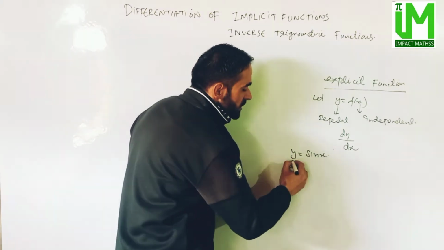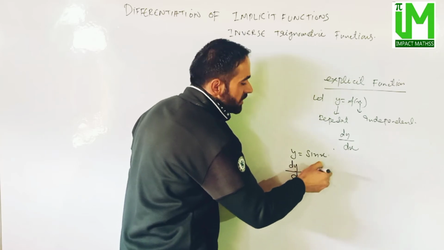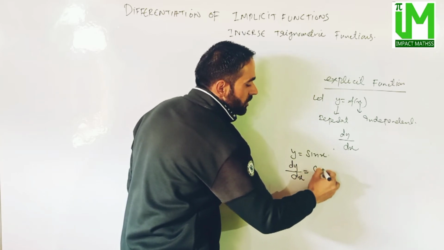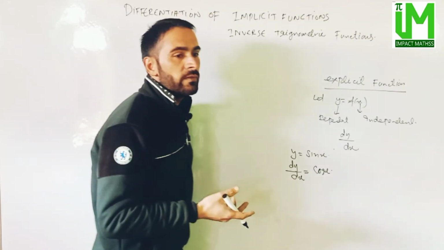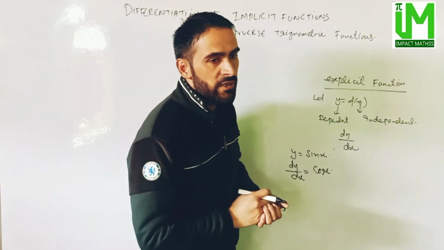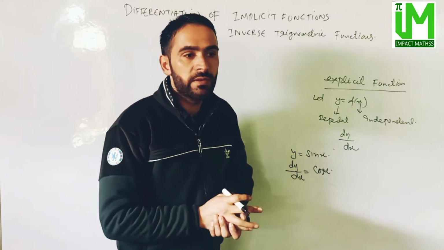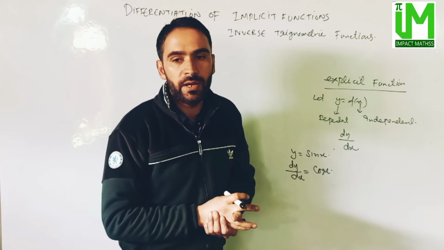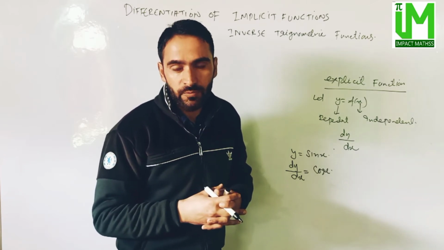So we write dy by dx is equal to the differentiation of sin x, which is cos of x. So a function where we have a clear-cut visible relation between the dependent variable and the independent variable is called an explicit function.